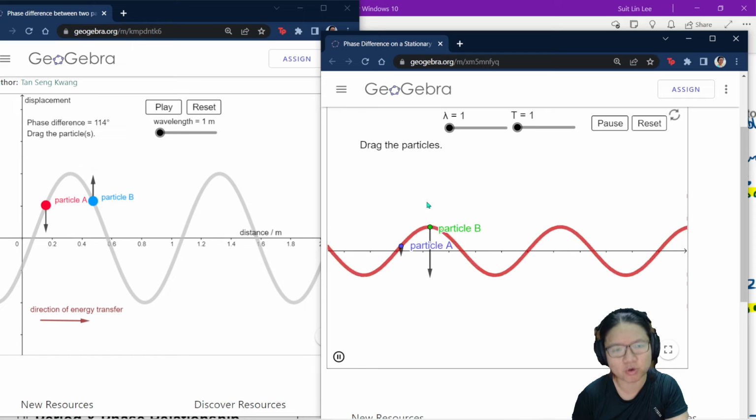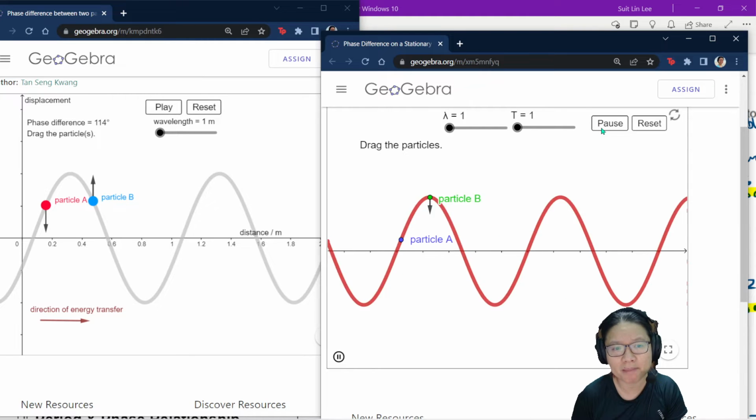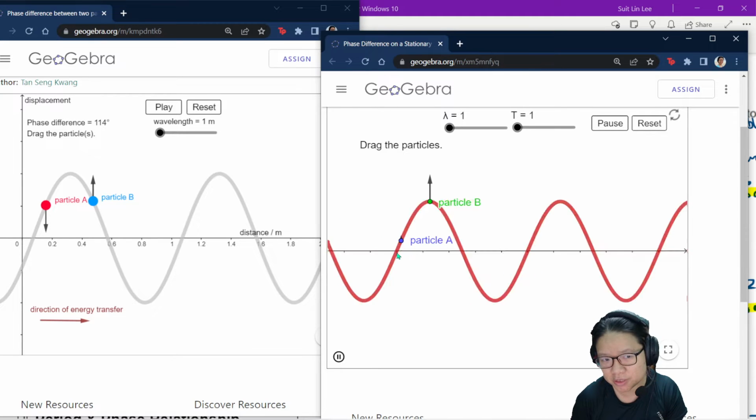It goes very low, it goes very high compared to particle A. So for stationary wave, this simulation tells us where the particle's amplitude is, at the same time. If particle B is at an antinode, the amplitude is the greatest. It goes to the highest position, it goes to the lowest position. And particle A, the amplitude is kind of small.